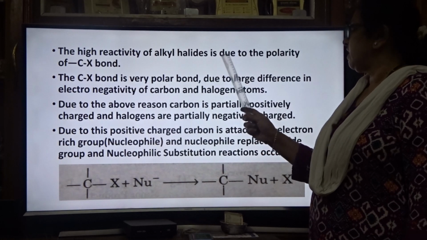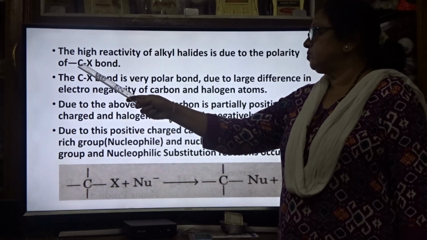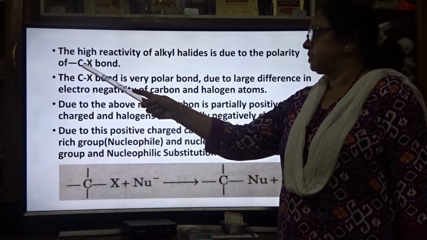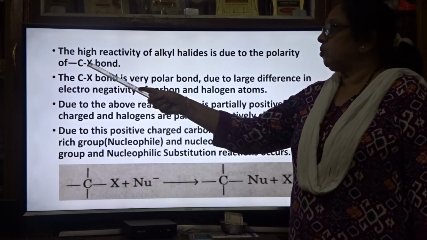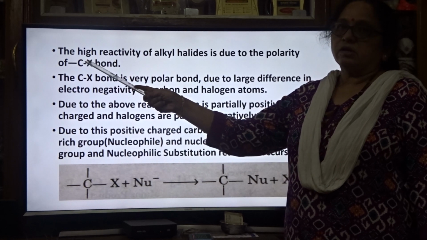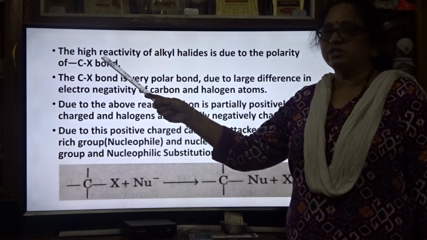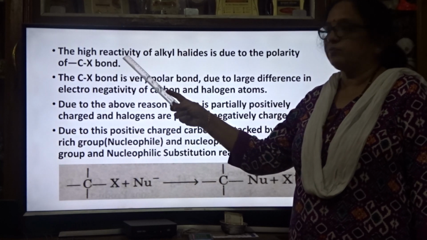The high reactivity of alkyl halides is due to the polarity of the C-X bond. Polar bond means the bond has two opposite charges, positive and negative, on the same bond.